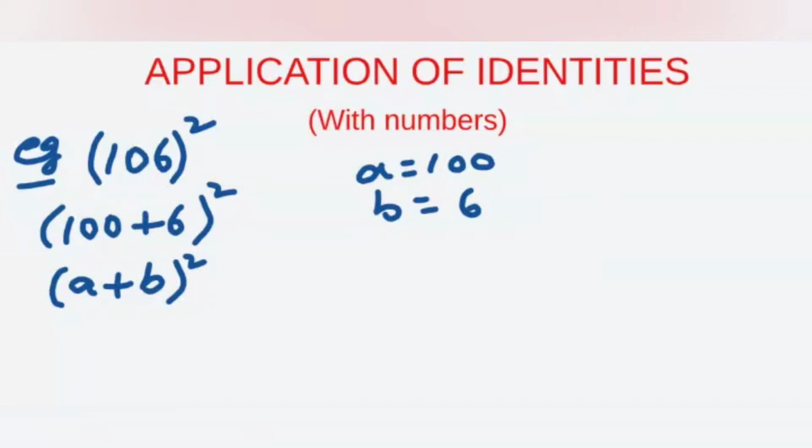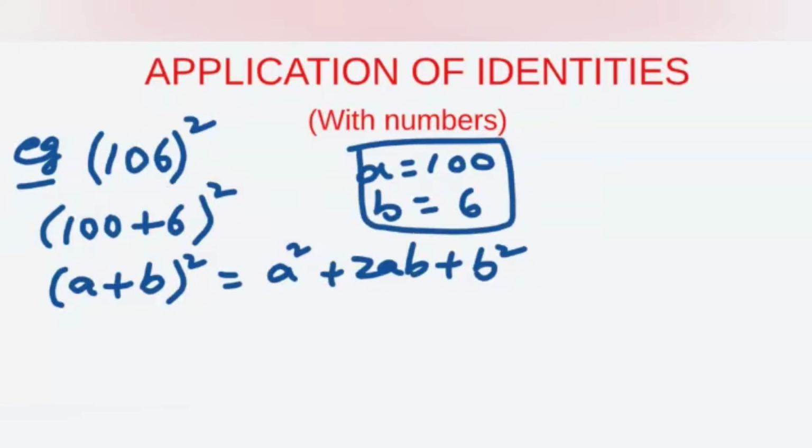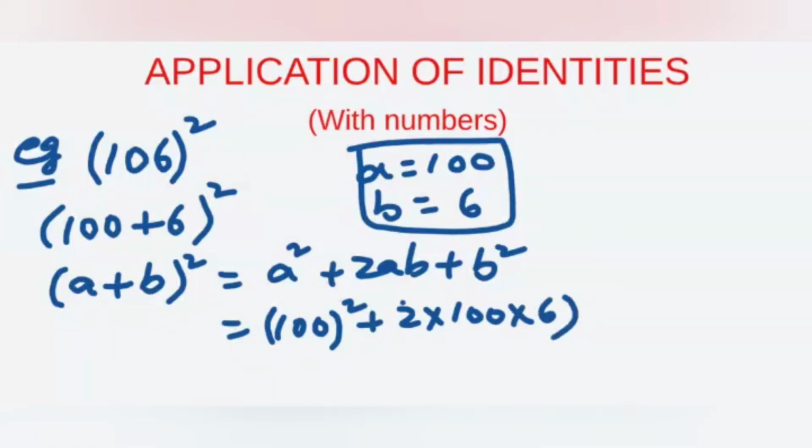According to (a plus b) whole square, the formula is a square plus 2ab plus b square. Now let us substitute the values of a and b. a square means 100 square, plus 2ab means 2 into 100 into 6, plus b square means 6 square.